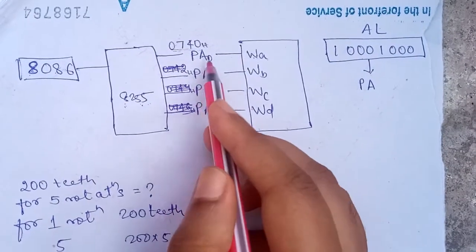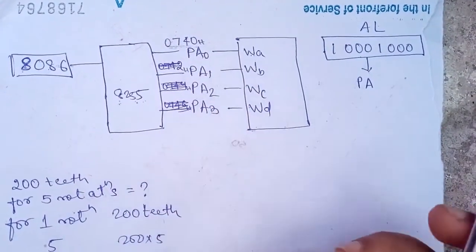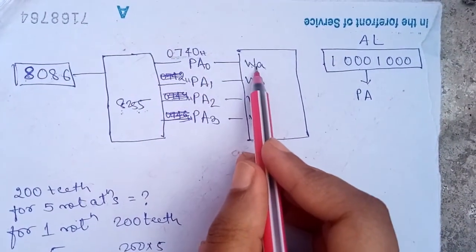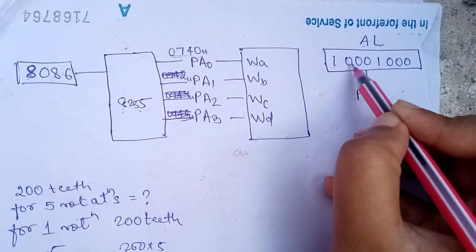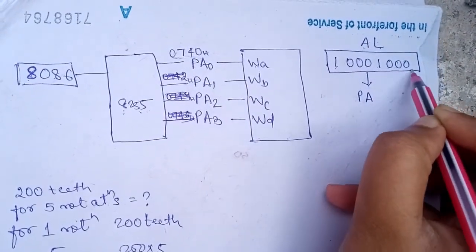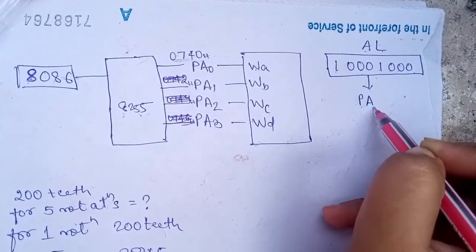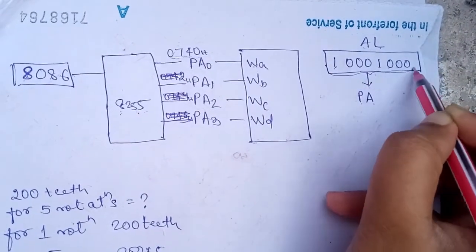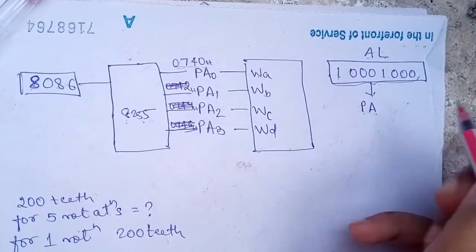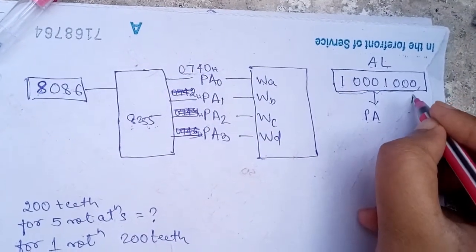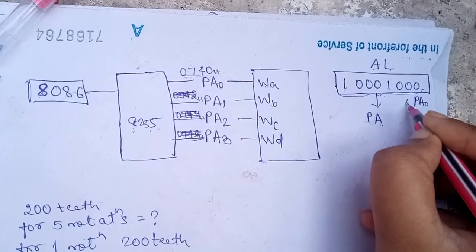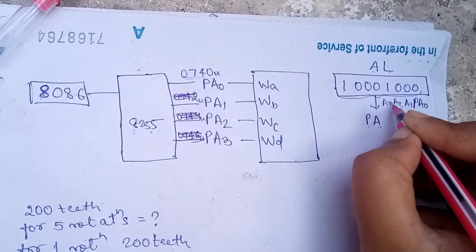So when AL, 10001000, is given to port A by the OUT DX, AL statement, this bit is fed to port A, where these bits act as port A0, A1, A2 and A3.